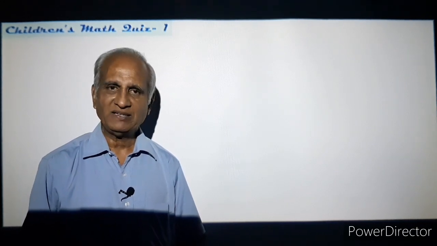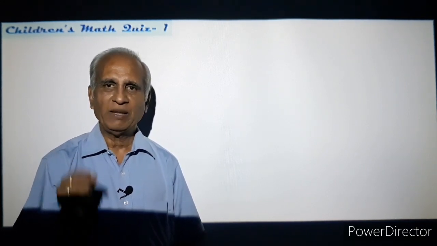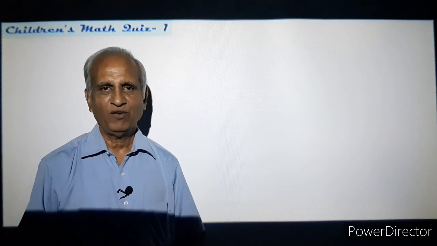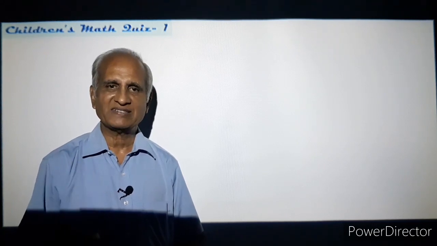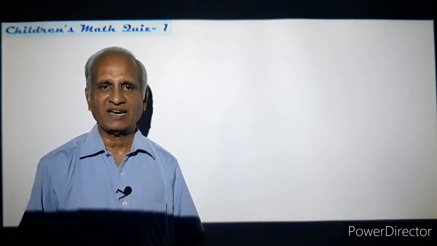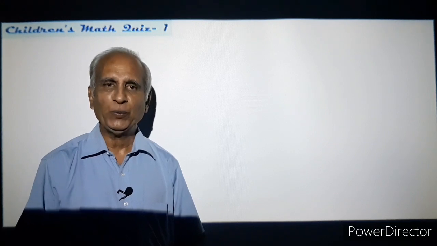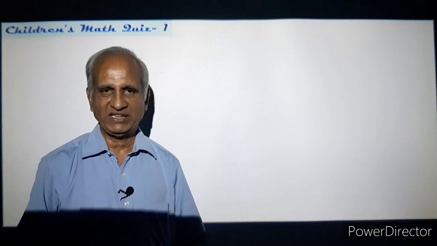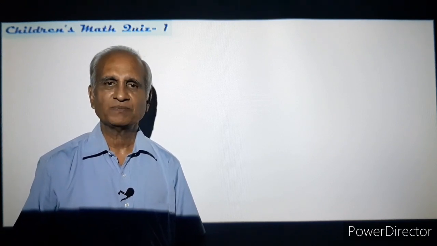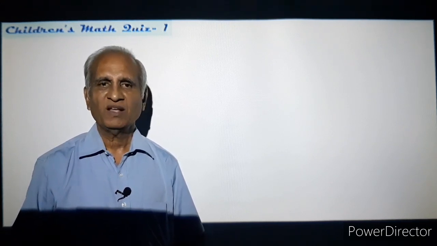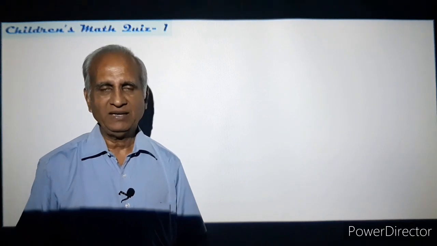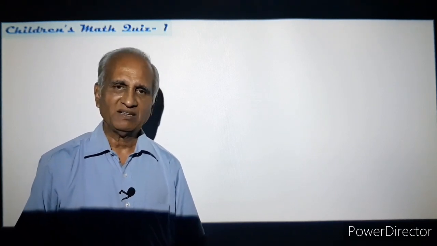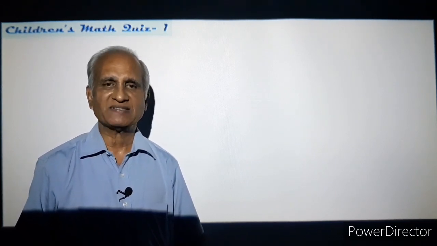I request parents to derive the maximum benefit from our quiz series in enabling their children grow up and do well in mathematics. Here we go ahead with the first issue. The question will appear on the screen. Each question will have 4 options.